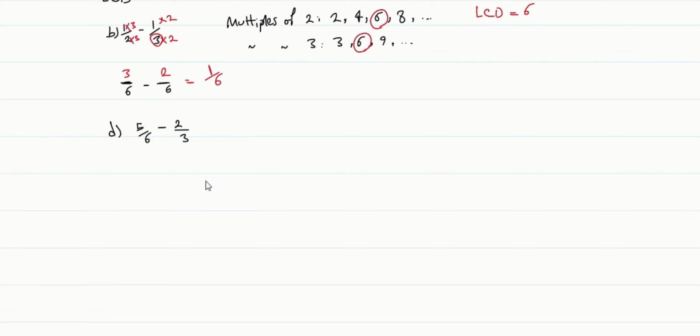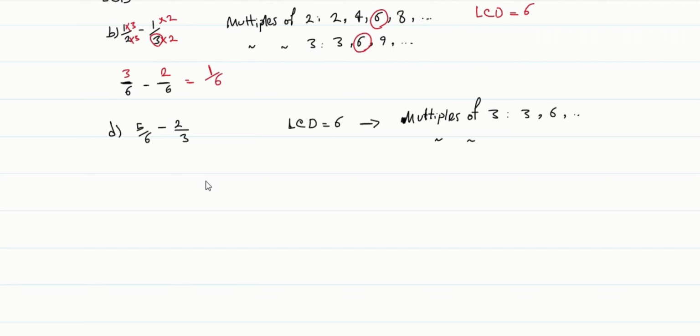Since 6 is already a multiple of 3, we can already say that the LCD is equal to 6. Because if you want to write it, we can say that the multiples of 3 are 3 itself, 6, and so on, right?